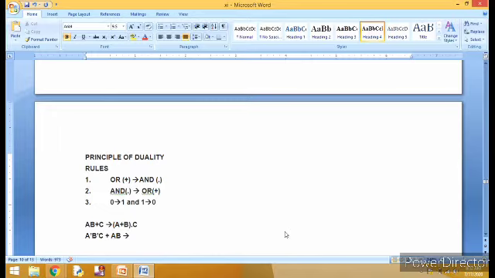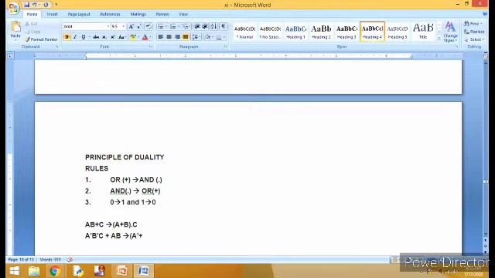Repeat once again. Sir, A dash B dash C dot AB. So why are you forgetting which operator is hidden over here? Sir, the dot. Yes, the answer would be A dash plus B dash plus C, in bracket.